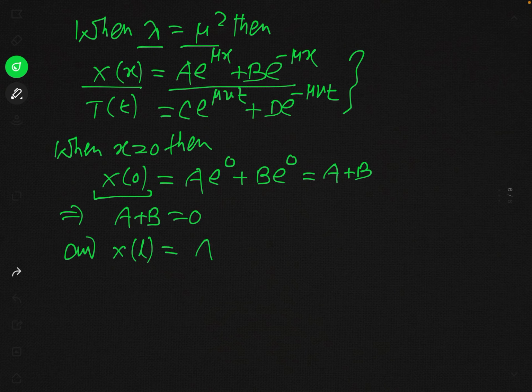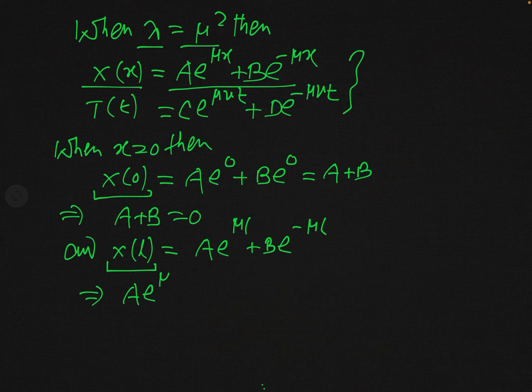This will be A e raised to the power mu L plus B e raised to the power minus mu L. But you have also seen that X of L is equal to 0. So you can say that A e raised to the power mu L plus B e raised to the power minus mu L is equal to 0.